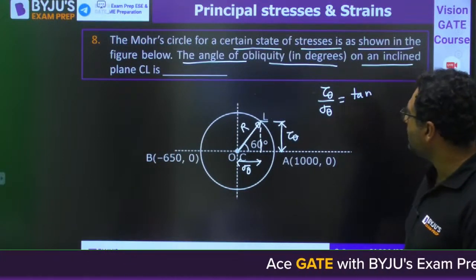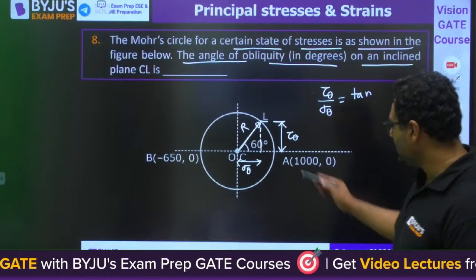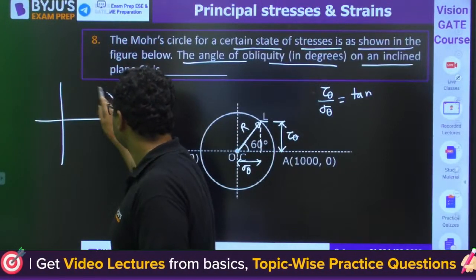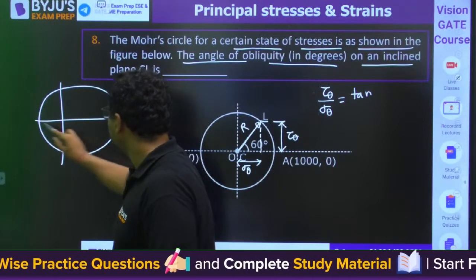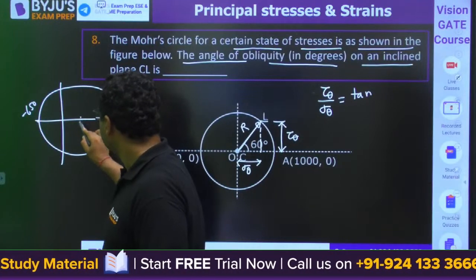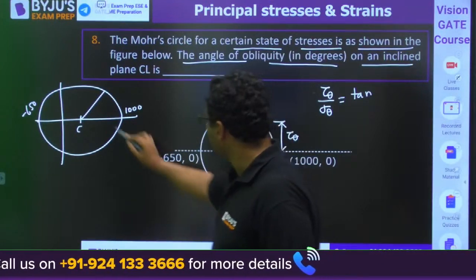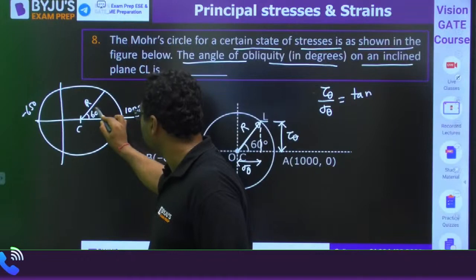Okay, I feel there is a mistake in this figure. This figure will be like this. This is at 1000. This is at minus 650. This is the center. And this is the radius, making the angle as 60 degree.